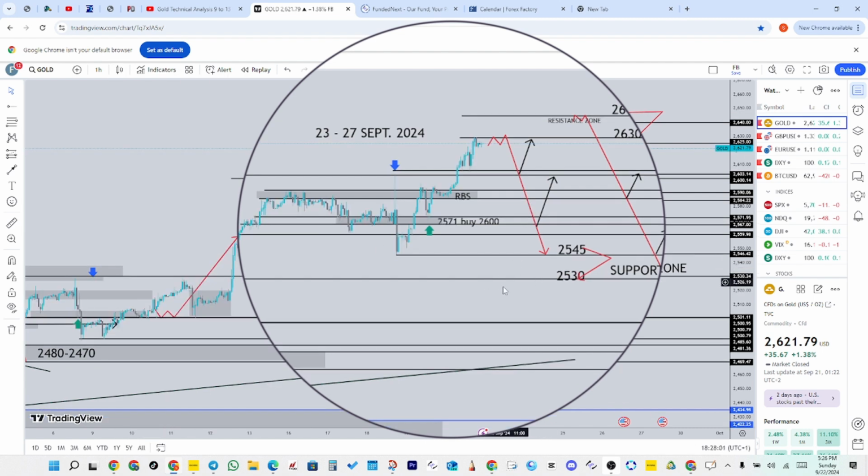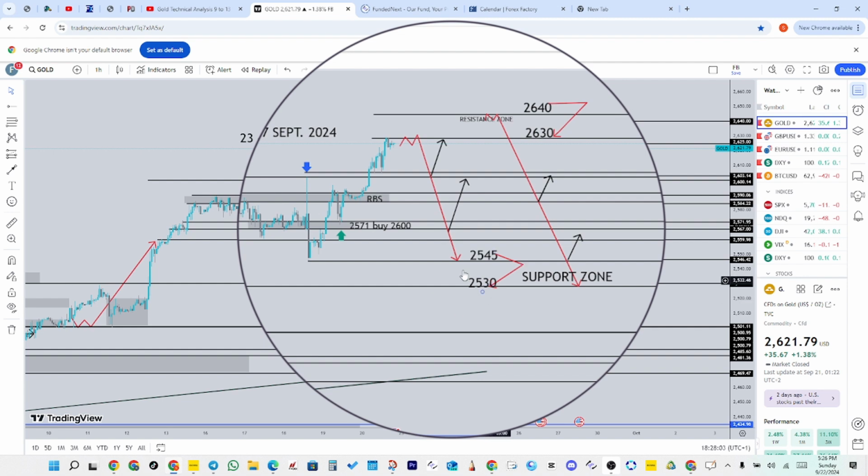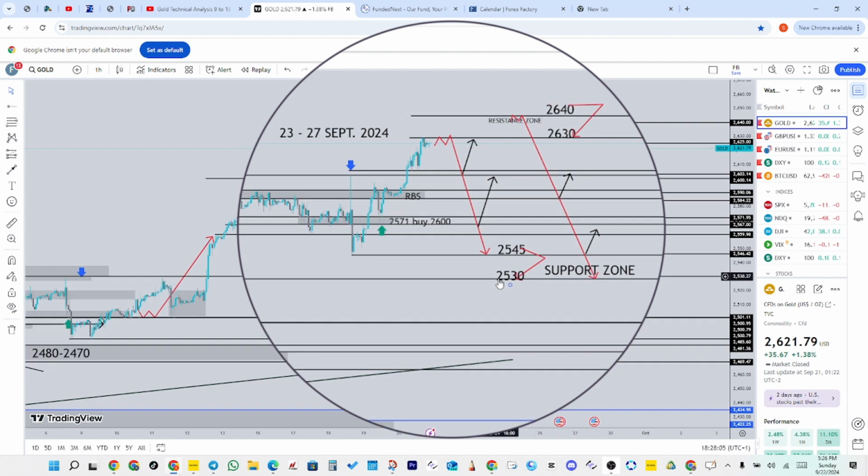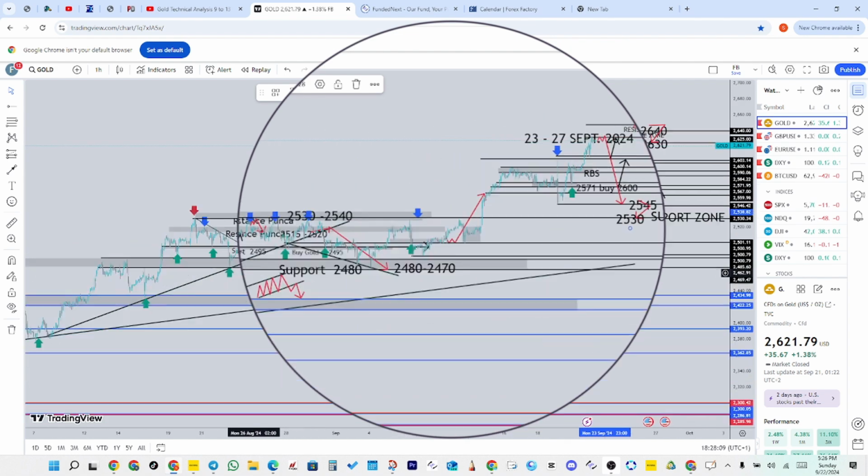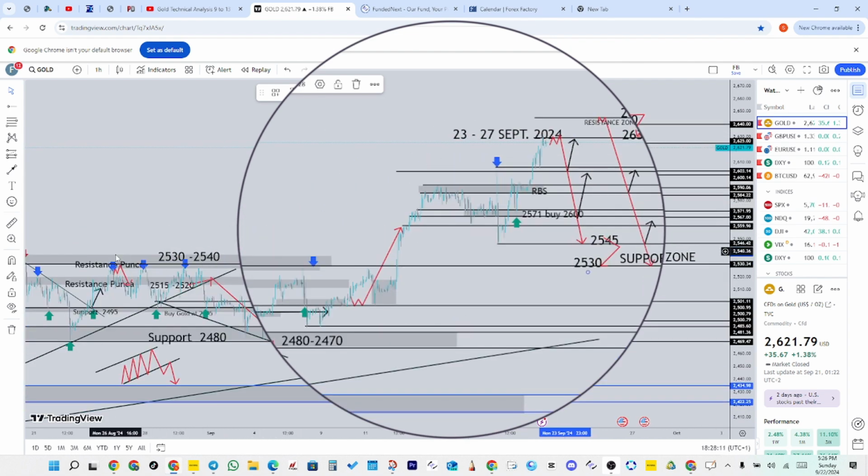Now let's go to the XY. The reason why I'm saying 2530 is that in the previous chart formation, we realized that 2530 to 2540 was the strong resistance area or zone.